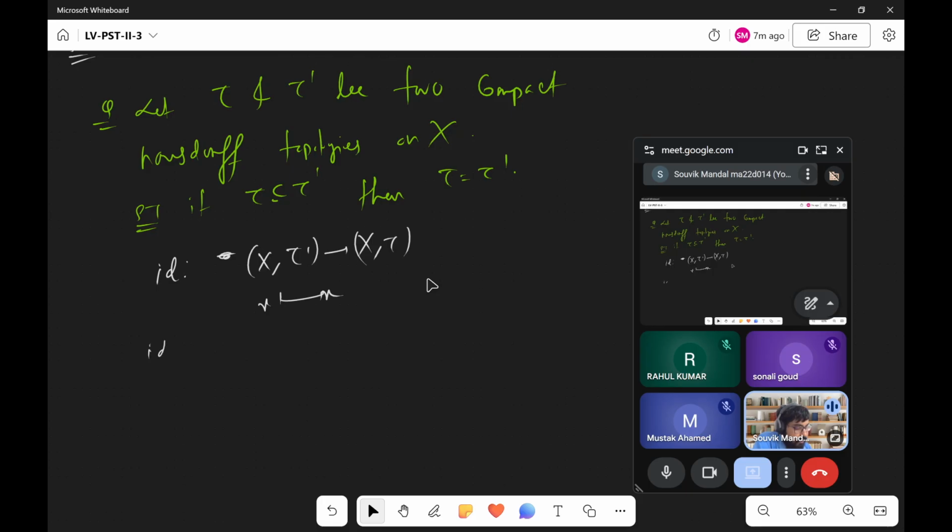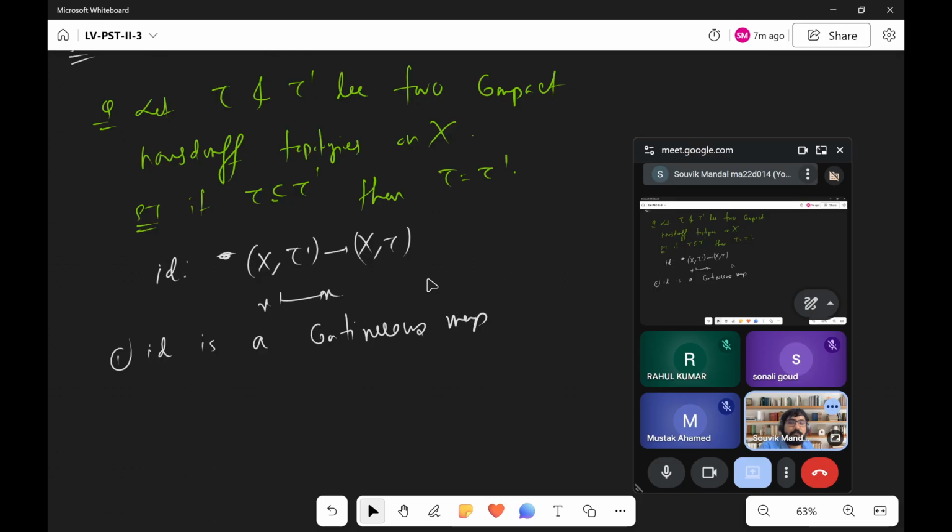First, this identity map is a continuous map. You first need to show that this is a continuous map.